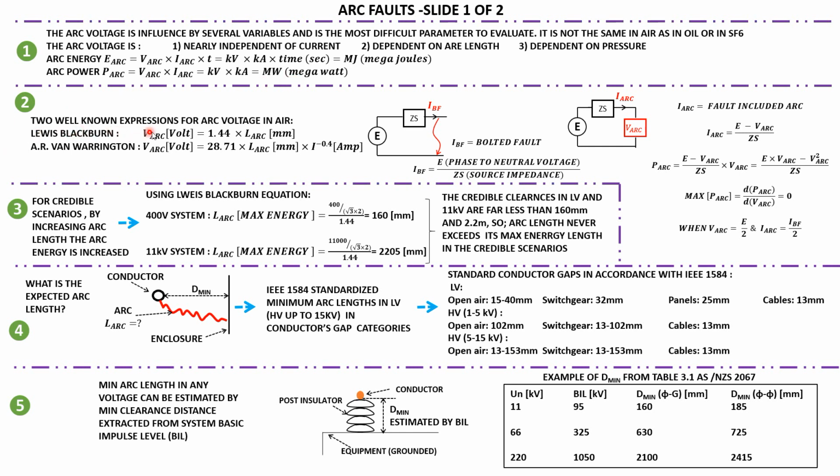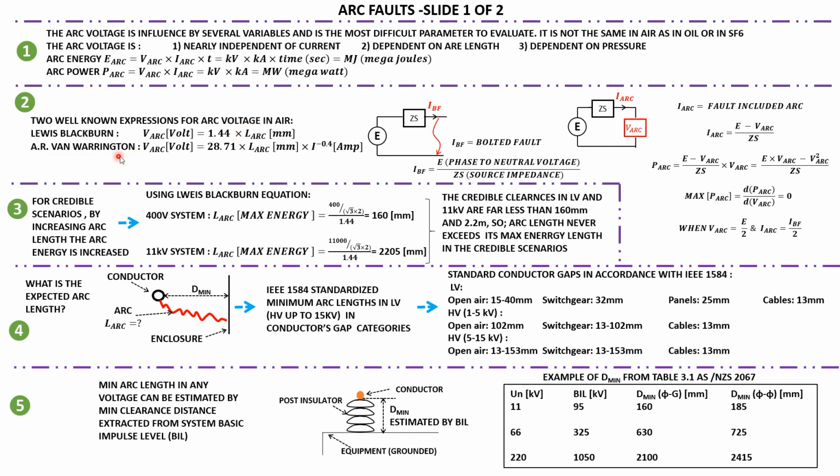Two well-known expressions for arc voltage in air are used in two protection relaying handbooks, and they suit us. One of them is the Lewis-Blackburn equation, which is completely independent of current and only proportional to the arc length, regardless of voltage level or anything.